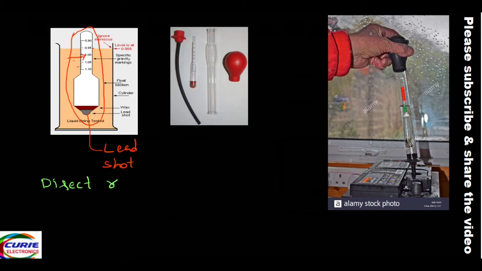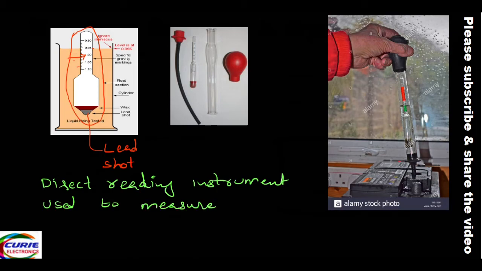Direct reading instrument used to measure relative density or specific gravity of a liquid.